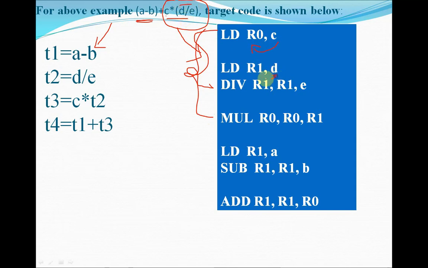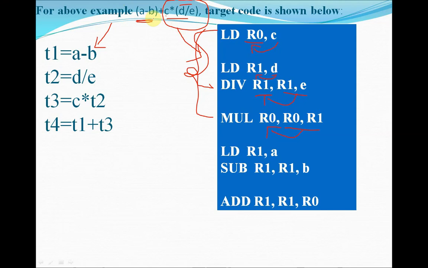So load d into r1 and apply the division operation between r1 and e. That means d by e I'm going to compute, and the result is stored in r1. Thereafter multiply c into d by e. c is already in r0, d by e is in r1. So I am going to multiply r0 and r1 and the result will be stored into r0. So up to this we have completed c into d by e.